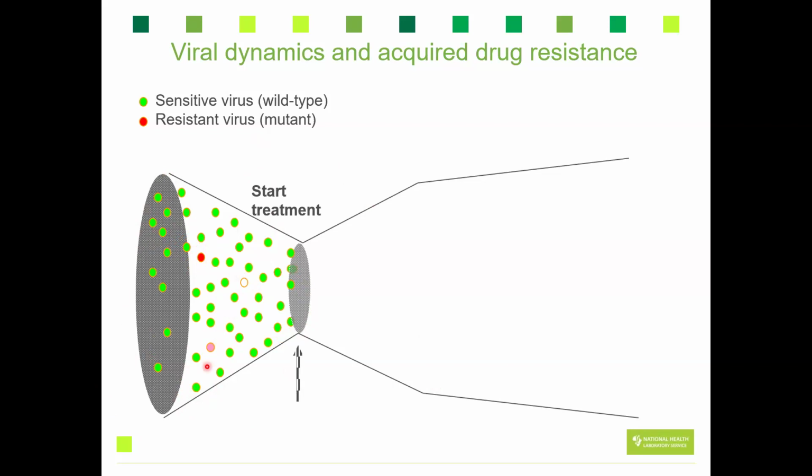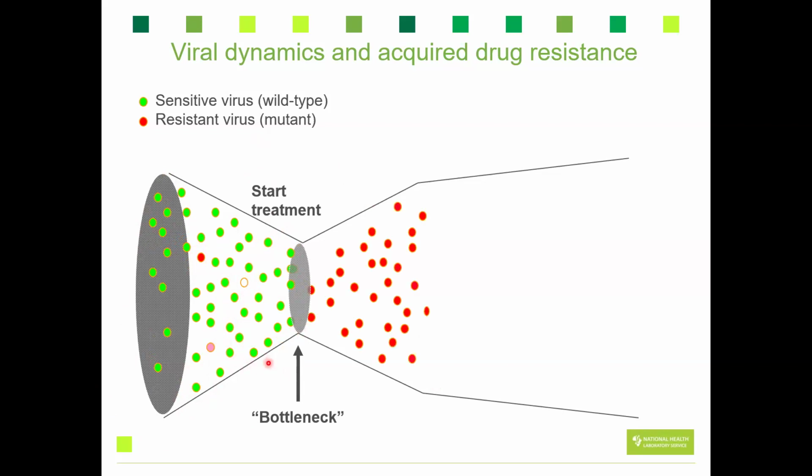Okay. So if we then start treatment, then obviously the viral replication of the wild type is being suppressed because the patient is taking drugs. However, if there is one with a resistant mutation, that virus has the advantage and will continue to replicate even though the patient is under drug, or the virus is under drug pressure.